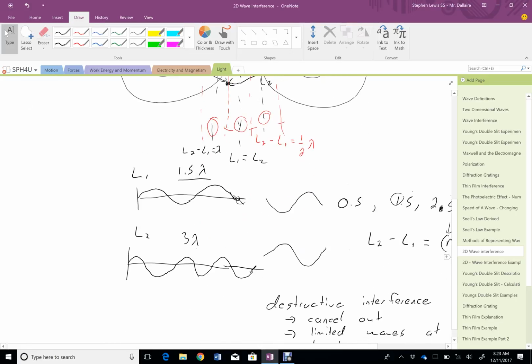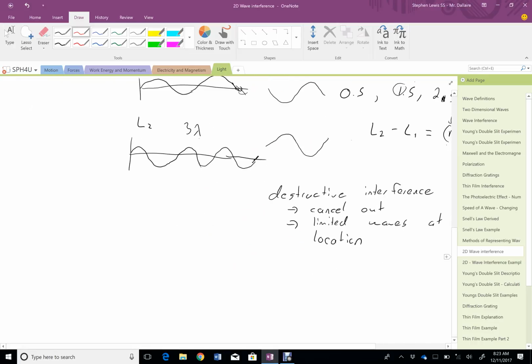And so the resulting wave pattern would go big wave, nothing, to another big wave, nothing, big wave, nothing, big wave, nothing. So these antinodal points would be large wave effects.